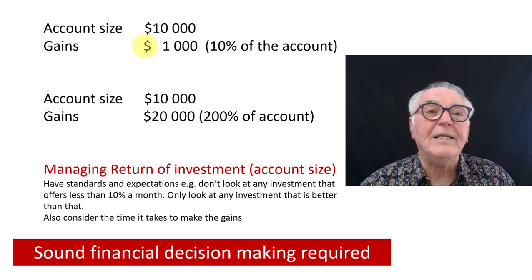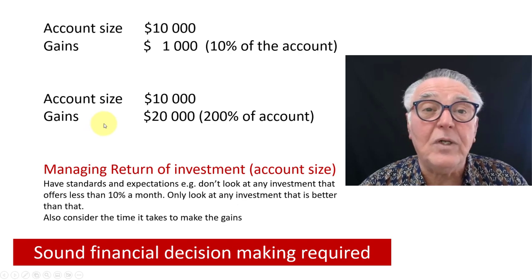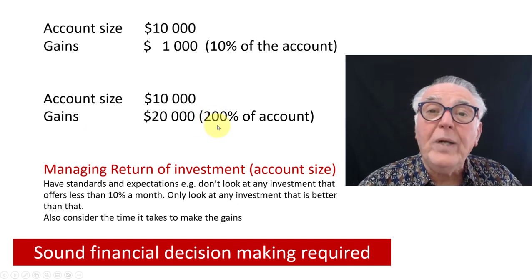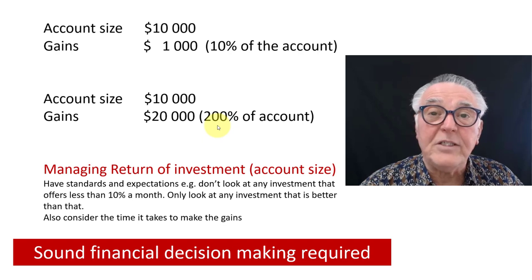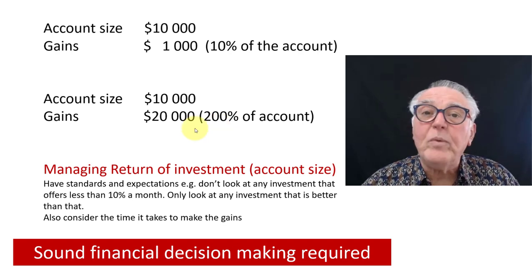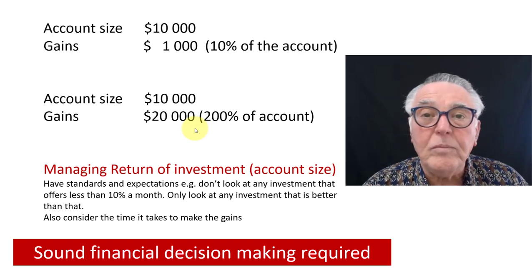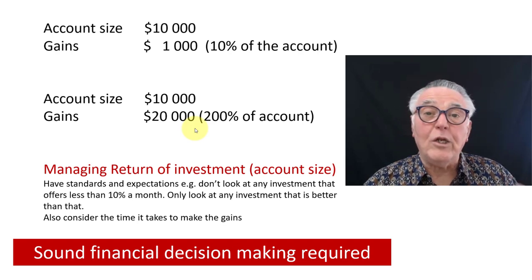But if your account size is $10,000 and your gains are $20,000, then you've made a 200% return on investment. And return on investment is one of the key ratios, not the only ratio, but one of the key ratios a large investor will consider when making a large investment.